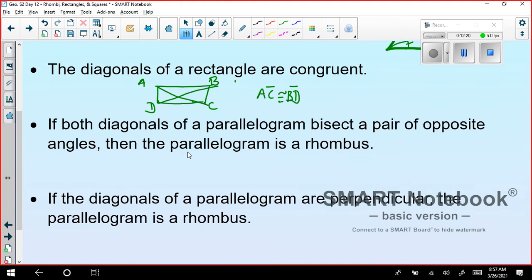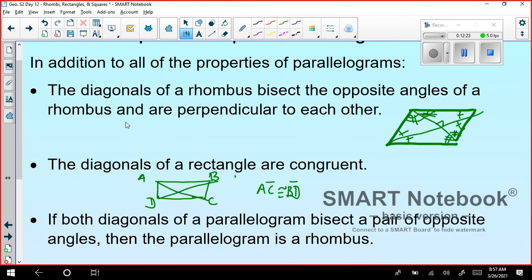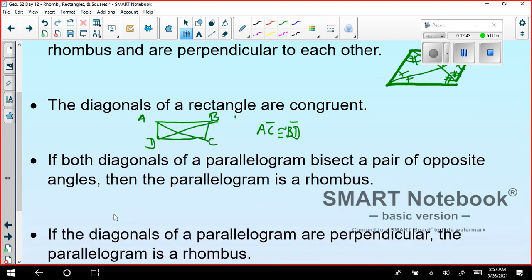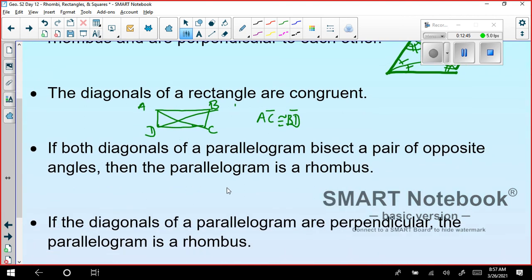If this property is satisfied, it's telling it in a reverse manner, like how we had here, the diagonals of a rhombus bisect the opposite angles. Supposing we have a parallelogram and we see that the opposite angles are being bisected, then we can straight away say that the parallelogram is a rhombus.